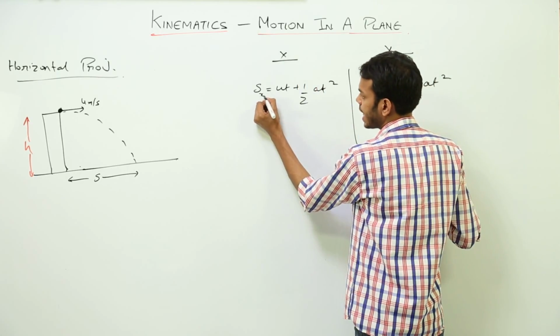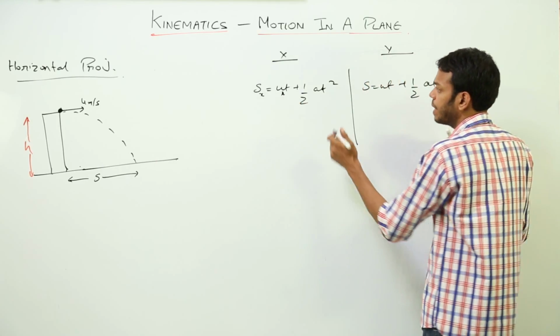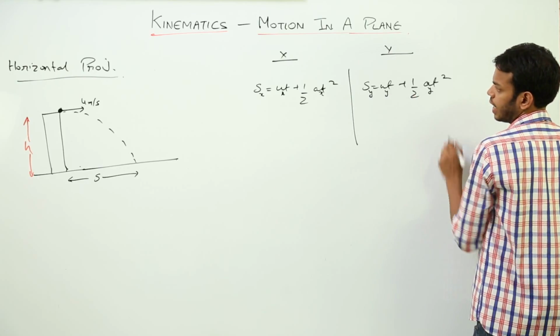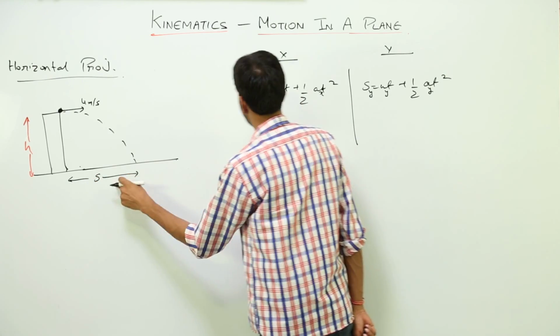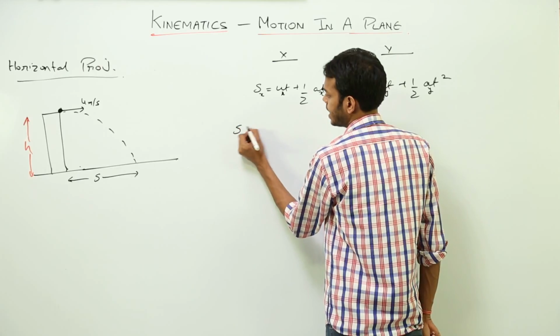So this is sx, ux, time is invariant, time remains the same, acceleration along the x axis. This is y, y and y. Now for displacement along the x axis, this is the distance it has covered in the horizontal direction. So this is s.